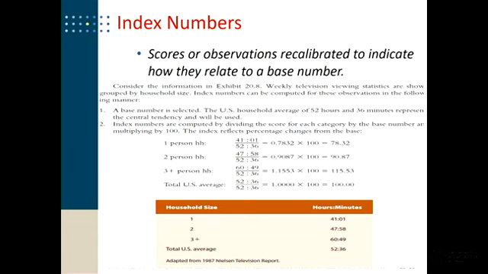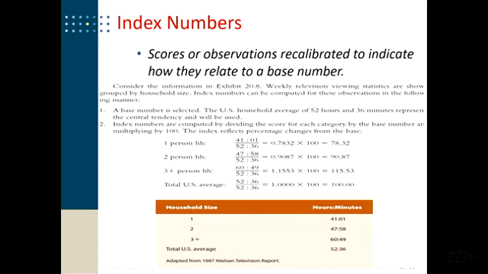The overall US average is 52 hours, 36 minutes. So US people on average watch television 52 hours, 36 minutes per week. Now you have some observations: 1% house, 2 persons, 3+ persons, and then the US average.